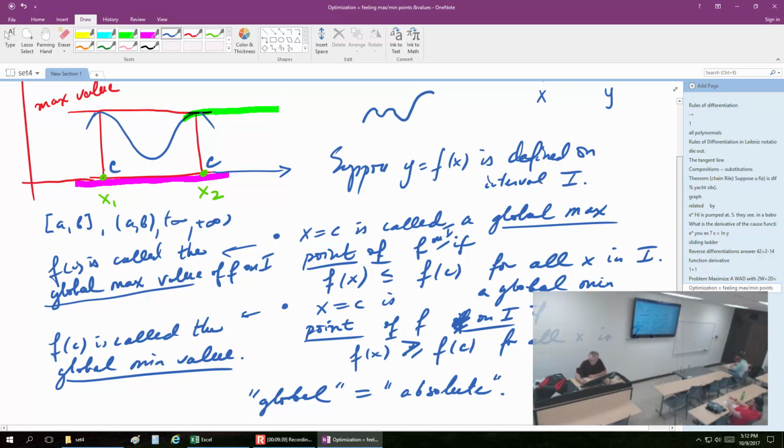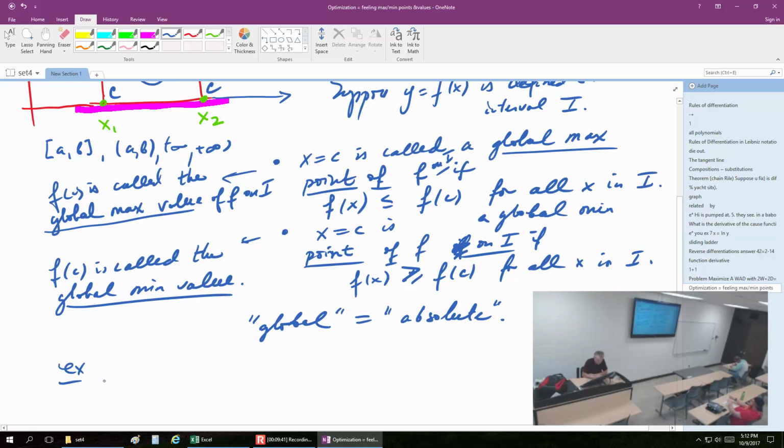Okay, so as an example, sine x. Once again, the question could be simply put as to maximize, minimize, or find the extreme values or extreme points, or extrema.